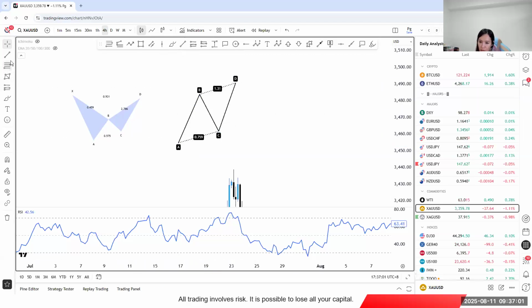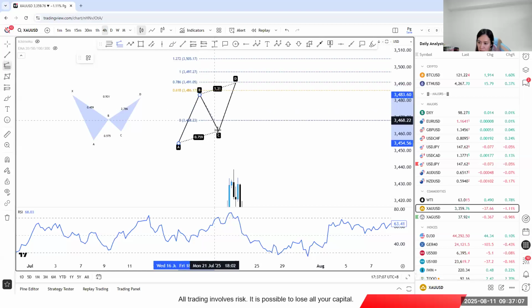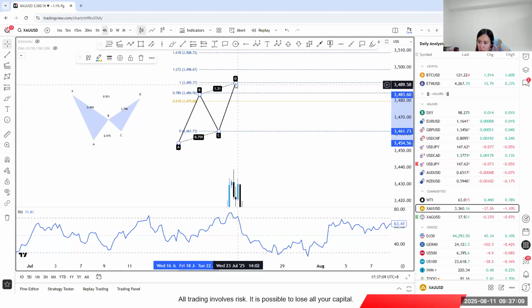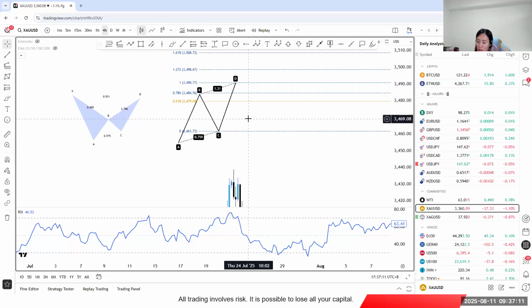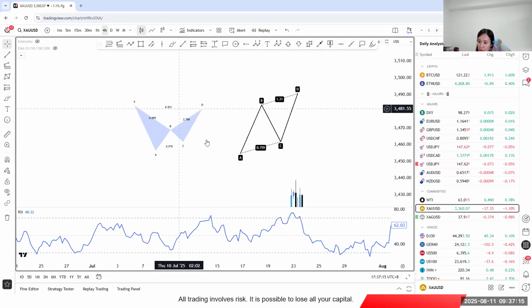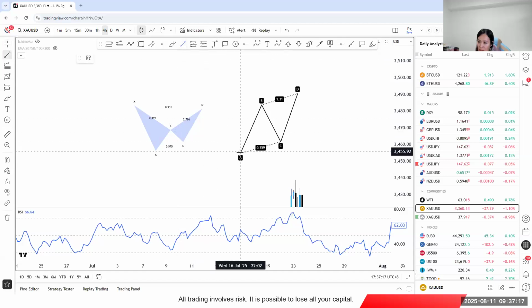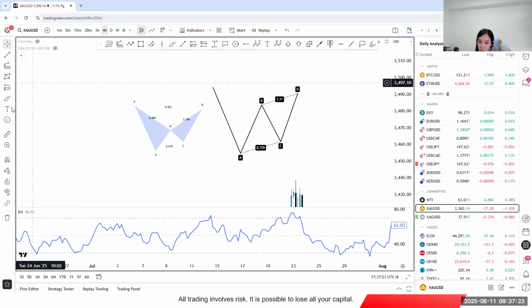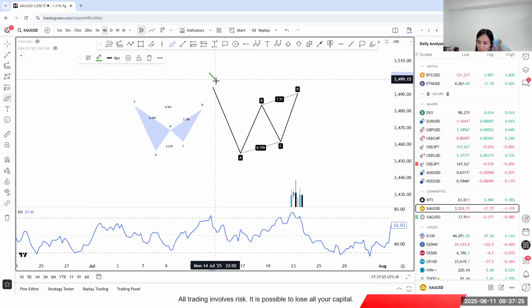And you can check with the ABC 100% projection right here. Why I say this: if I just press here, this already looks like a harmonic pattern, where we miss out one X leg.